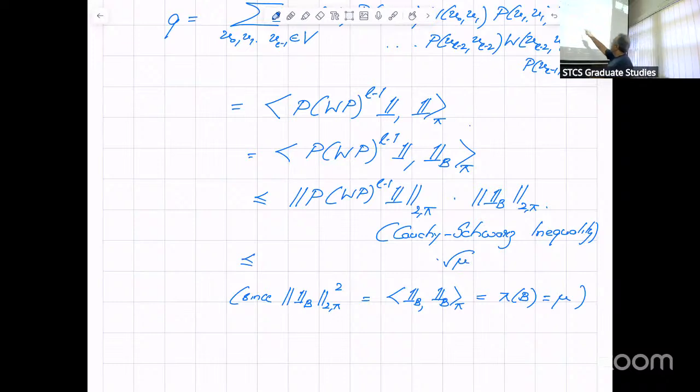And I'm going to, this is a trick and I don't know how to explain this trick all the time, but let's see. I'm going to write this as P W P to the N minus 1.